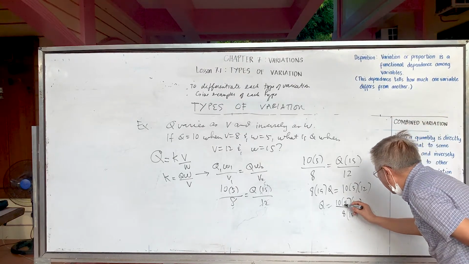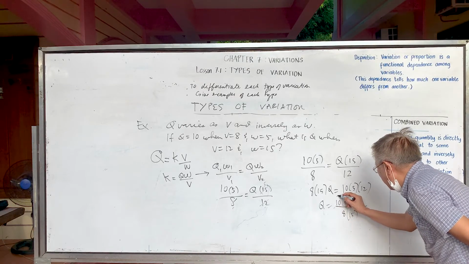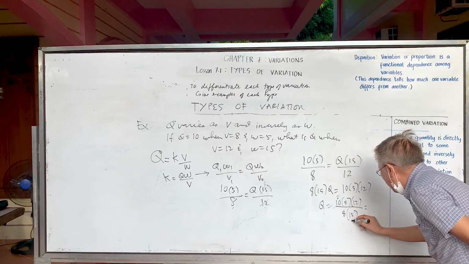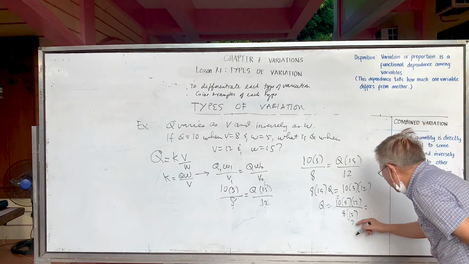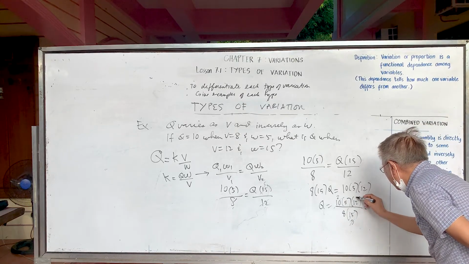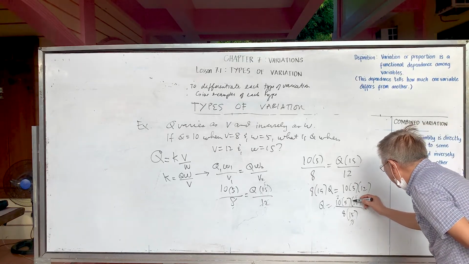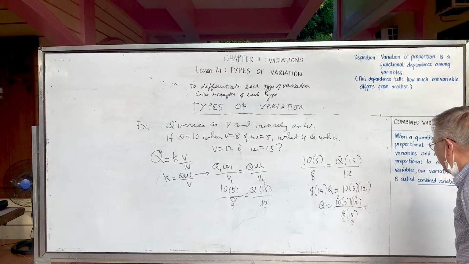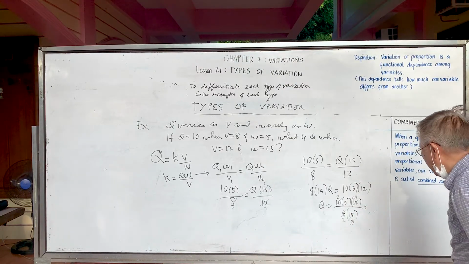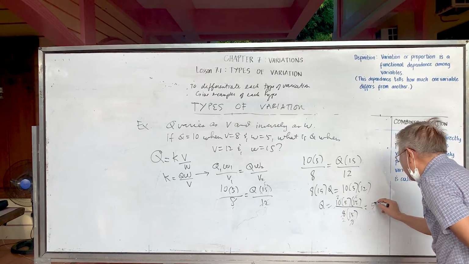So, I can cancel 10 and 15 by 5. I will get here a 2. 15 by 5, I get a 3. I can cancel 12 and 3. So, I will get here a 4. And I can cancel 4 and 8. So, I will get a 2. So, what do I get here? 2 times 5 is 10 over 2. Okay, that's a 5.